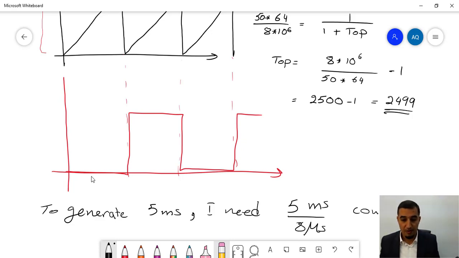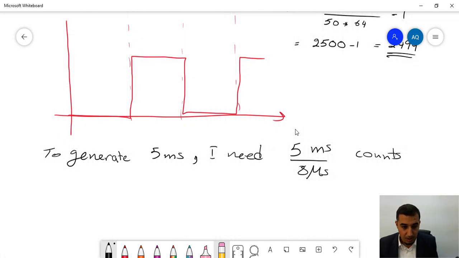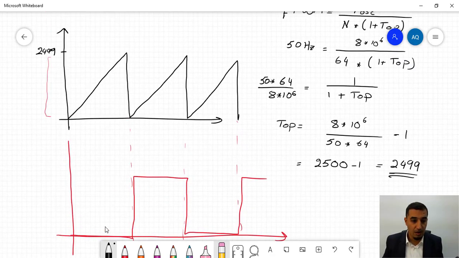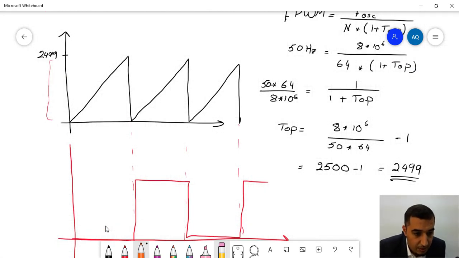So this will equal 500 divided by 8, which is 62.5, around 625 counts in the way I computed it here. I need 625 counts. Now these 625 counts, I will be putting them over here, in my OCR1, the output compare register.